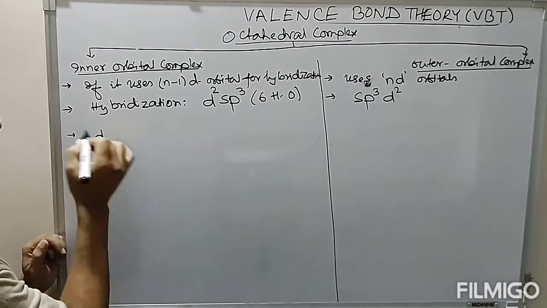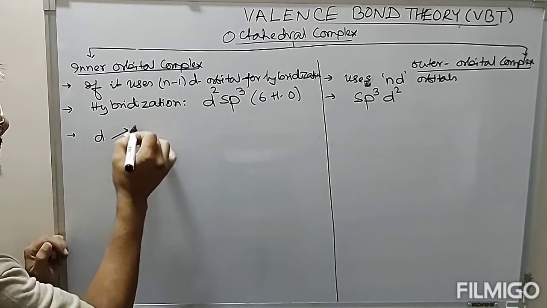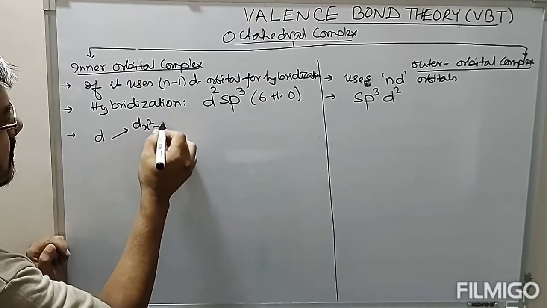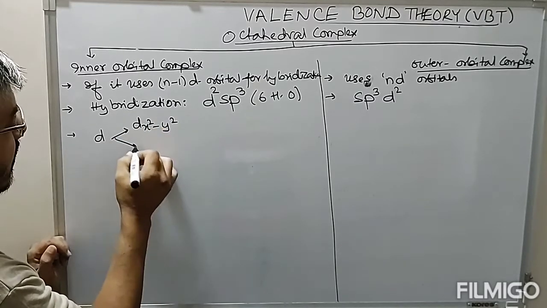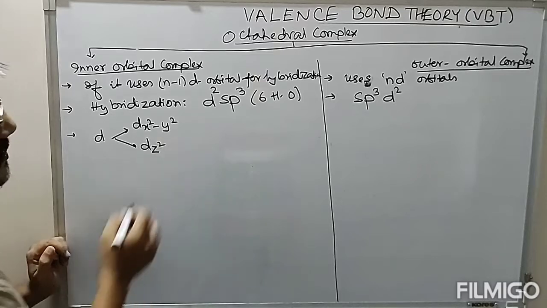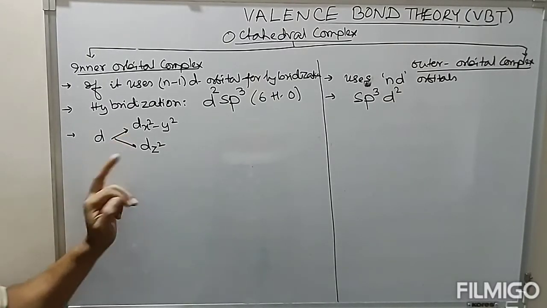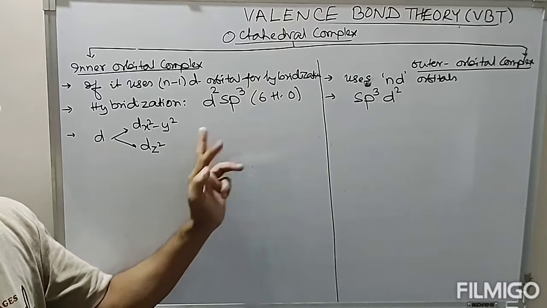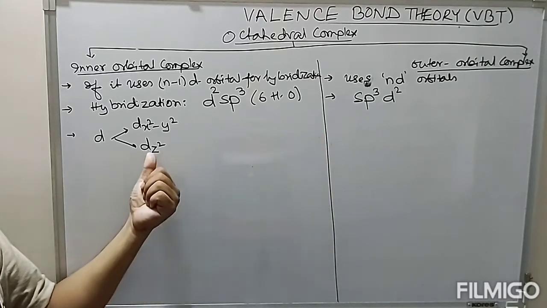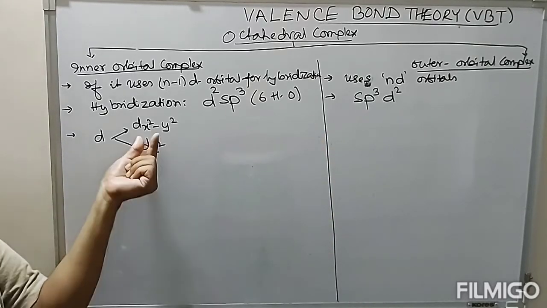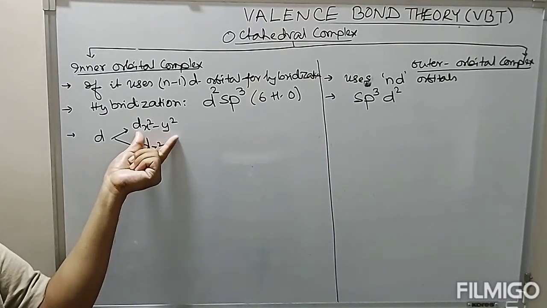Now the d orbitals used for this hybridization are dx2-y2 and dz2. These two orbitals are the orbitals whose lobes are directed towards the axis. This is purely along the z axis, and this is purely along the x axis and y axis.